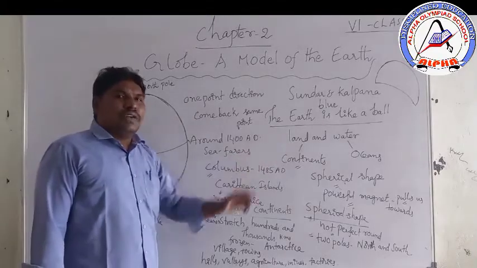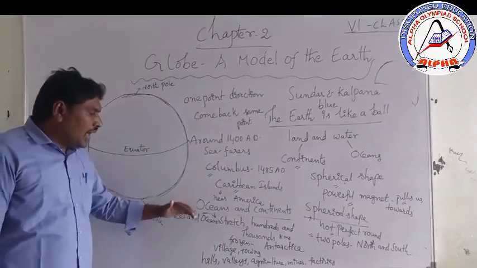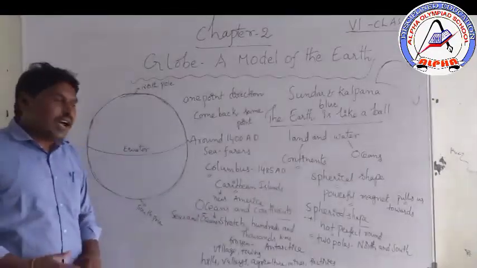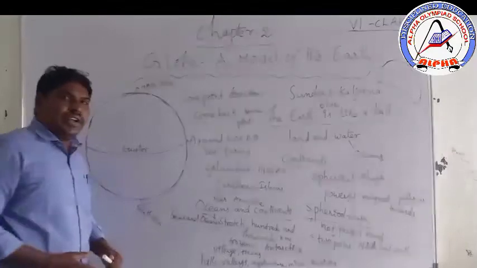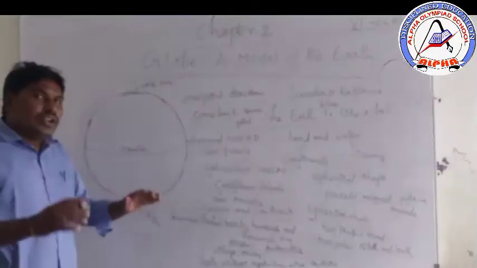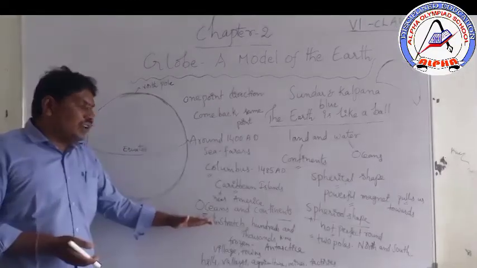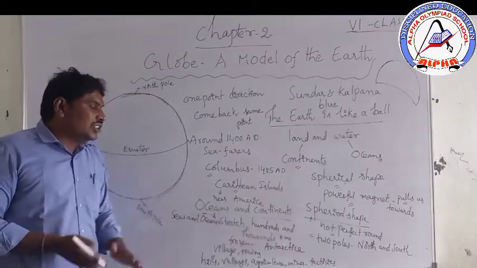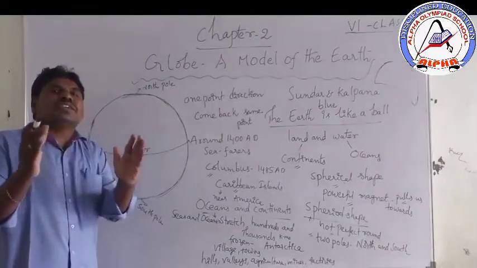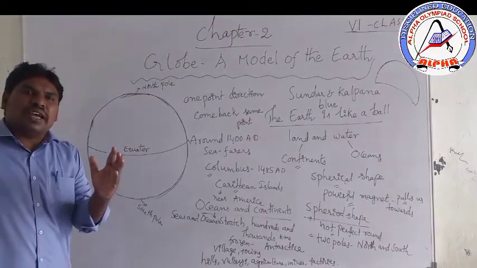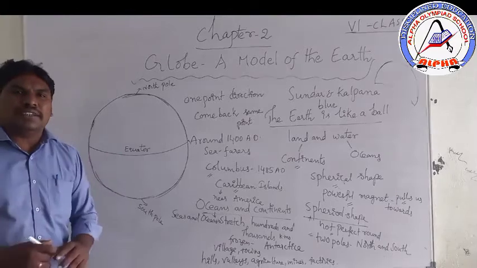First of all, oceans, and then we can discuss continents. When we observe our earth, the seas and oceans stretch hundreds and thousands of kilometers. Most of the earth is covered with water bodies.